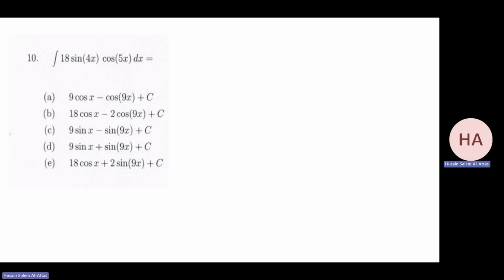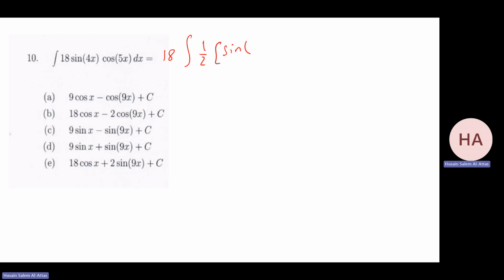Now I have sine, cosine. Remember, sine cosine means they need the sine formula. It will be sine the difference plus sine the sum. That will be 18 integral, half. Don't forget the half.